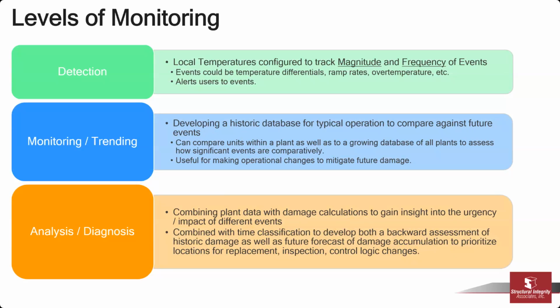From the very basic standpoint, detection is having those local temperature measurements, and certainly there's other instrumentation, but having that data available to tell when there are significant damaging events is number one, great for a life management program for your HRSGs, just because it gives you at least that knowledge on how to go about deciding: do I need to change control logic here? Do I need to prioritize inspections? Just having that is great.